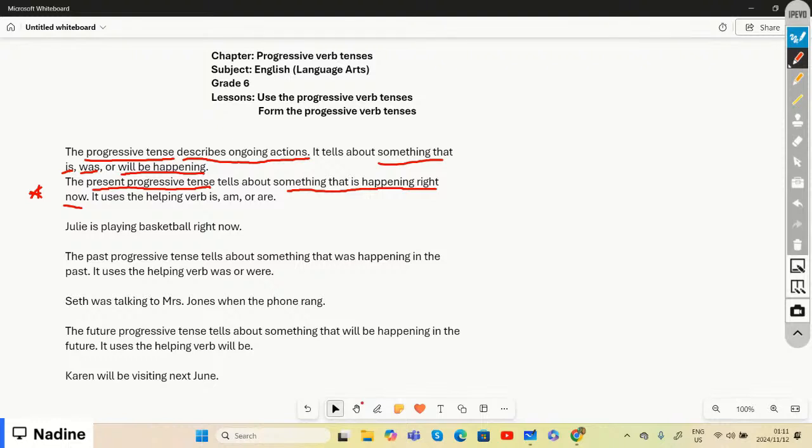When it comes to the present progressive tense, which tells us about something that is happening right now, it uses the helping verbs is, am, and are. It uses those three helping verbs, just telling us it's happening now. I am doing something now. We are doing something now.